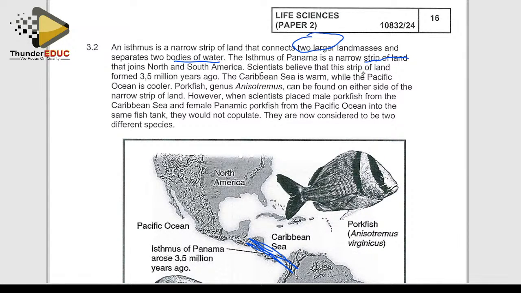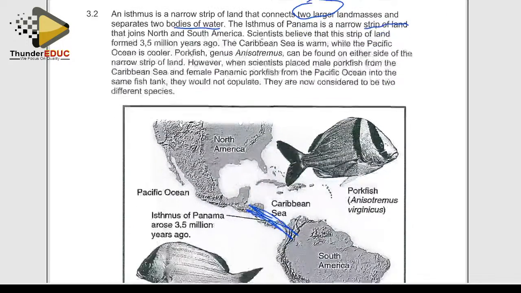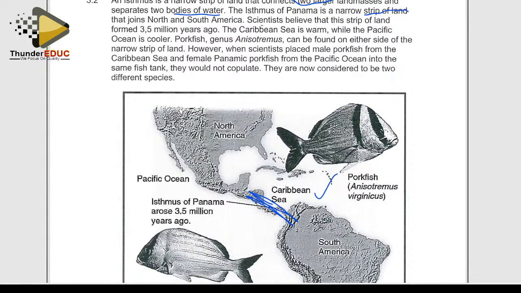Some believe that this strip of land formed 3.5 million years ago. The Caribbean Sea is warm, while the Pacific Sea is cooler.